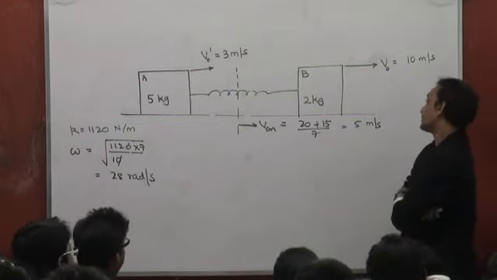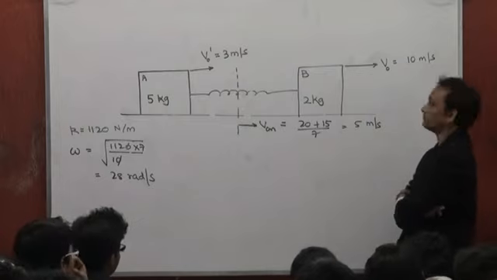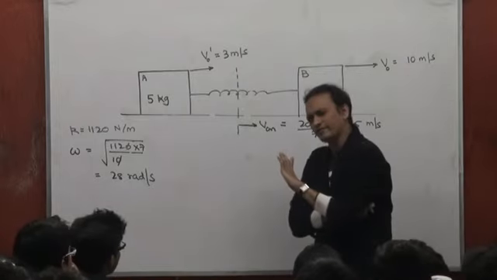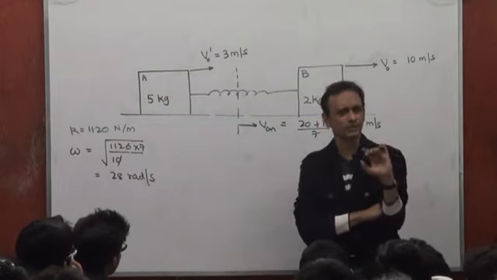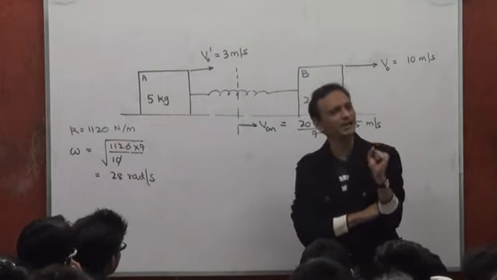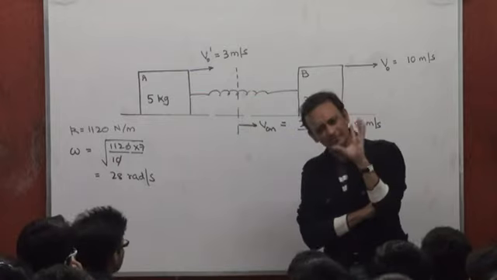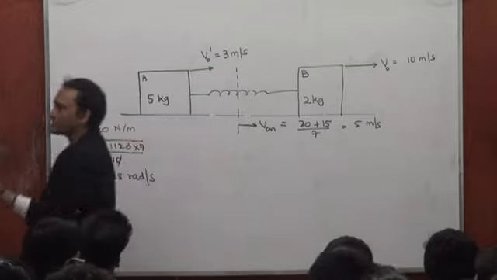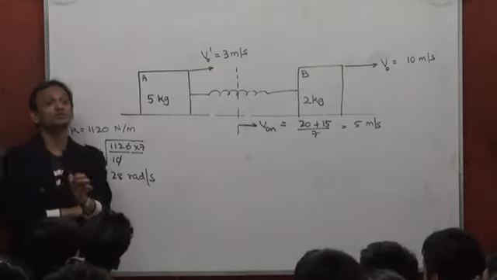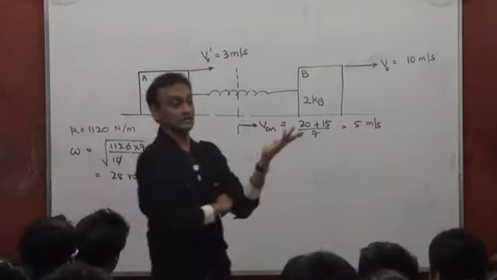Now, I will first of all solve this problem without using the center of mass, from first principles only. From first principles, let me find the maximum elongation in the spring, and then we will see what happens later. What we figured out is that in a state of maximum extension or maximum compression, the velocities of the two masses must be the same.